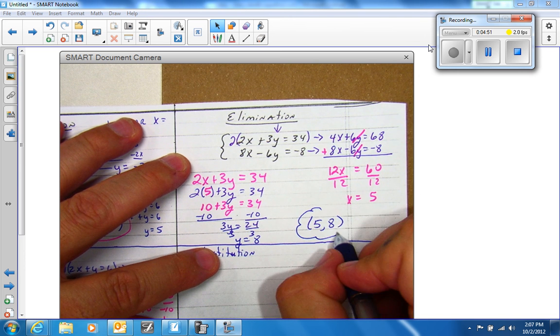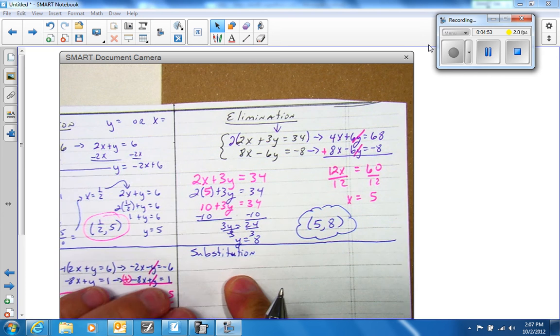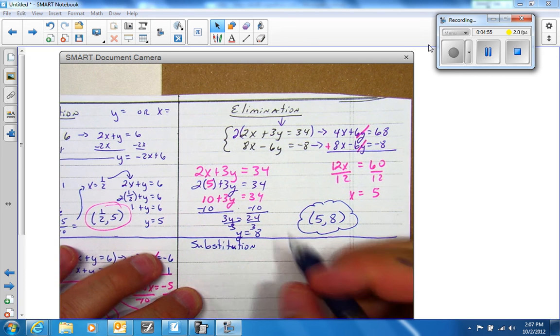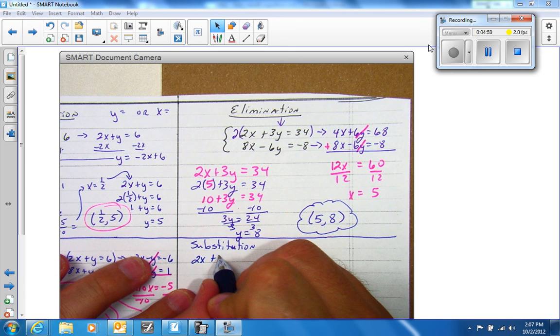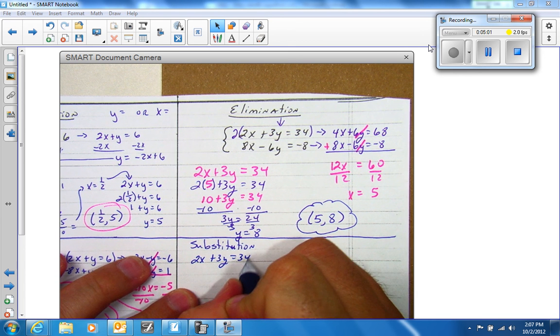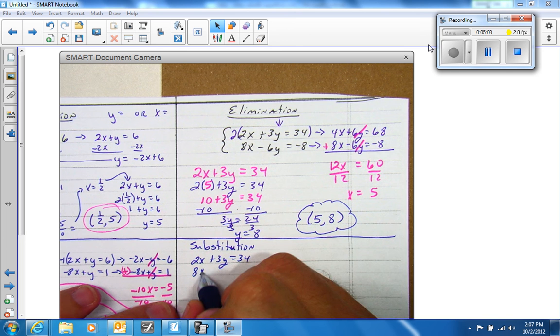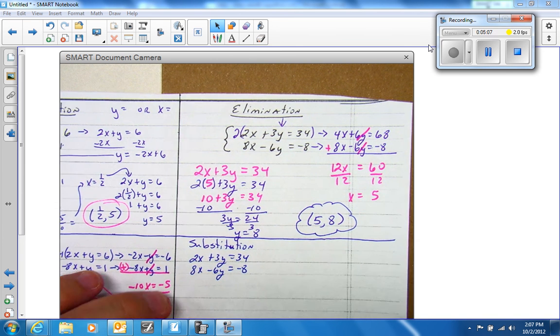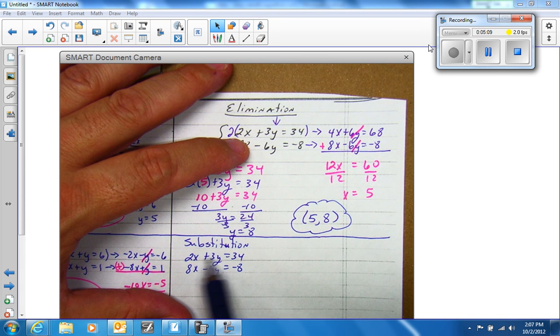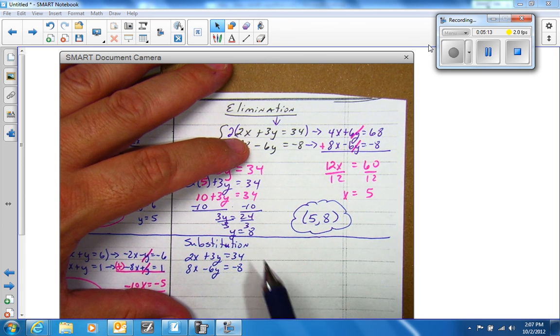Alright? Now when I use substitution, I should get the same answer. So I'm going to write down both equations. So 2x plus 3y equals 34. This one is 8x minus 6y equals negative 8. Now, on this particular one, it's a little harder because I can't just solve for either x or y. I have to pick and choose which one. I guess I'm going to choose this one and solve for y.